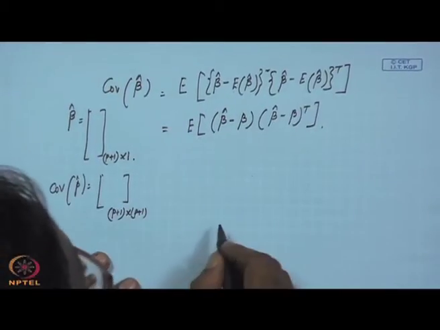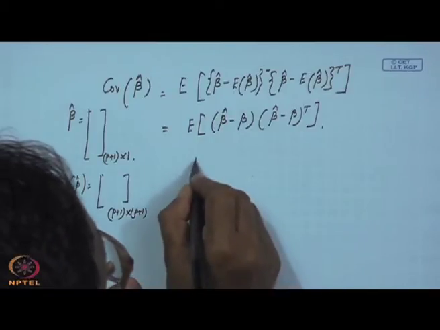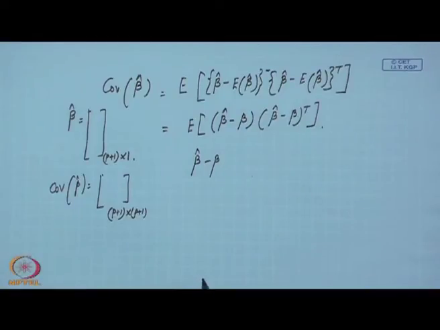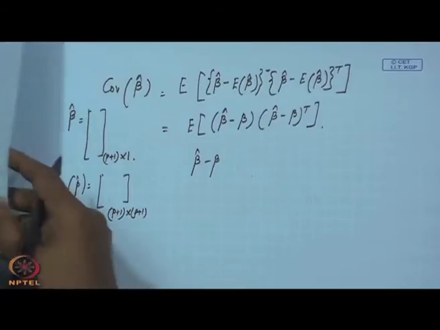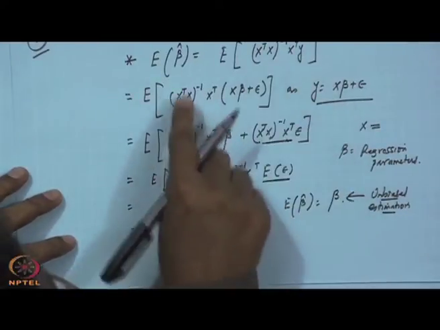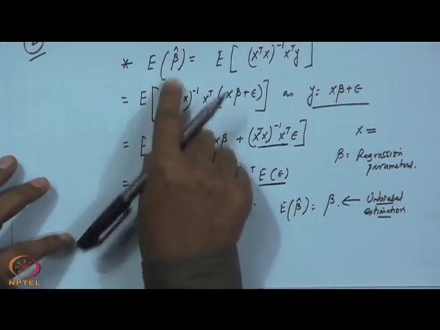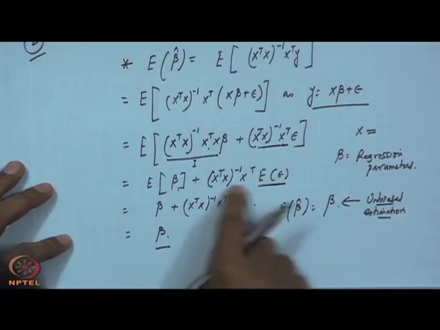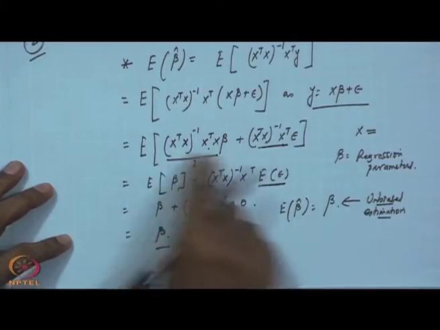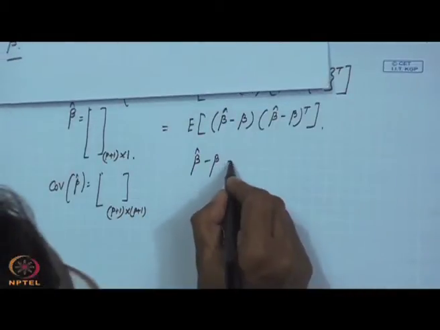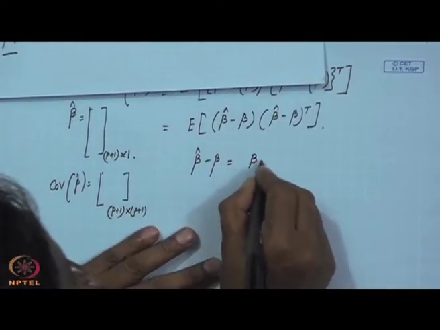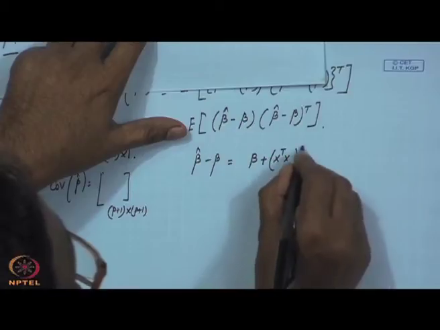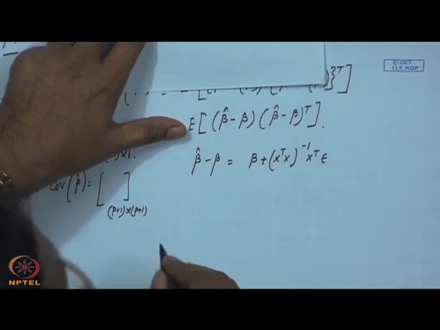Okay. So, let us find out what is the value of beta cap minus beta. If you see here, when we described the expected value, ultimately you got beta cap equals beta plus (X transpose X) inverse X transpose epsilon.